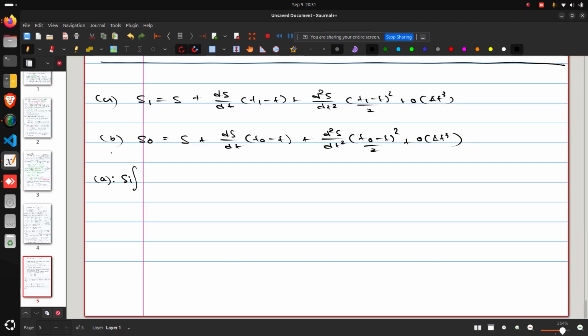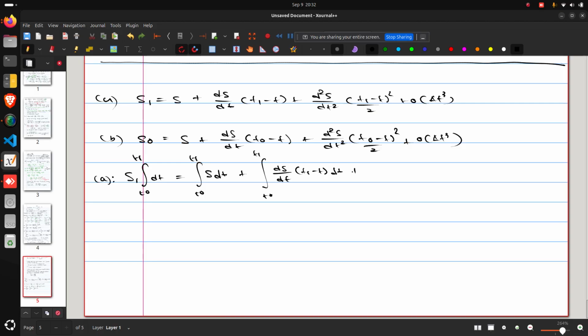Integration of S1 will come out, sorry, similarly you will do for S naught.